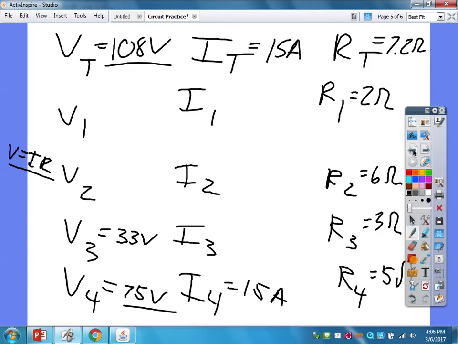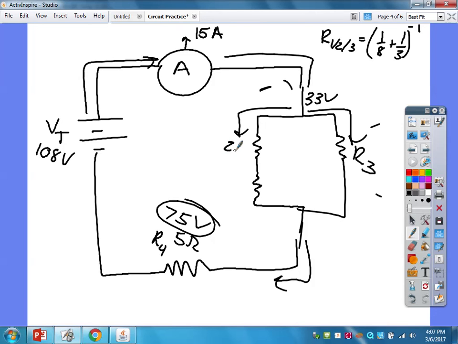The thing is, this is where again lots of people get tricked. 2 ohms and 6 ohms. These are in series, so what are they going to do to the voltage? They're going to split it. Even though the voltage going into both branches is the same, one resistor takes all the voltage, while these two have to split it. So I still need more information.